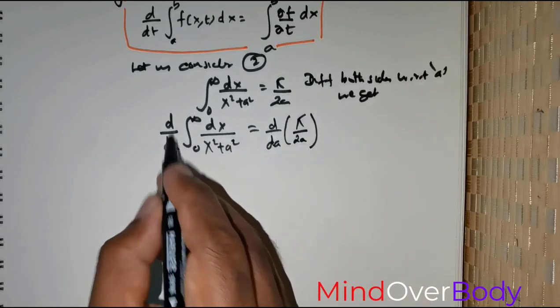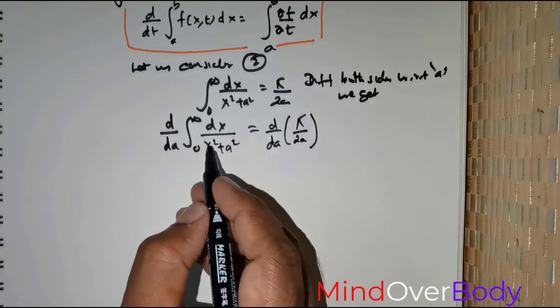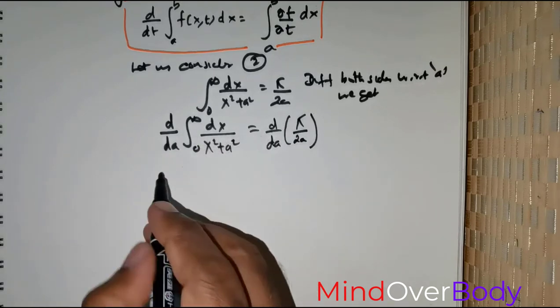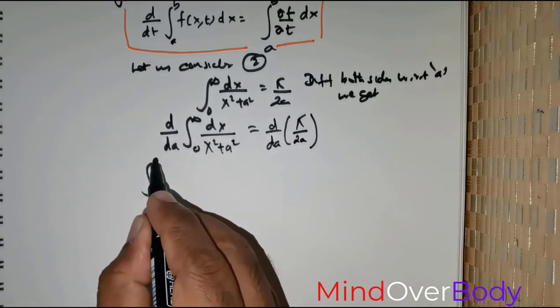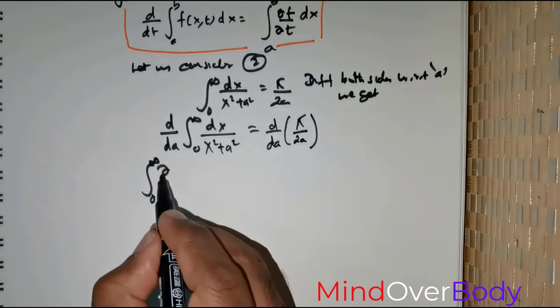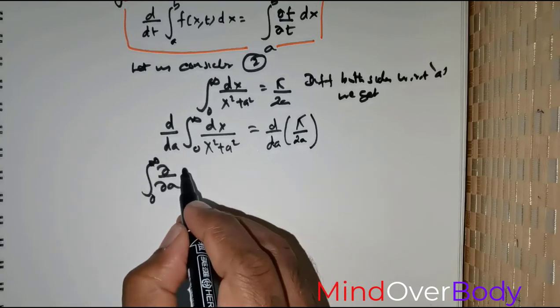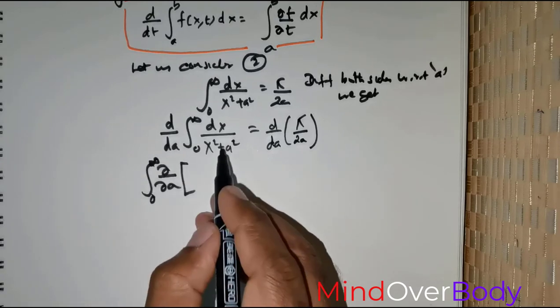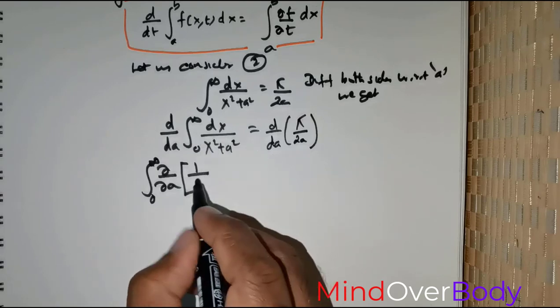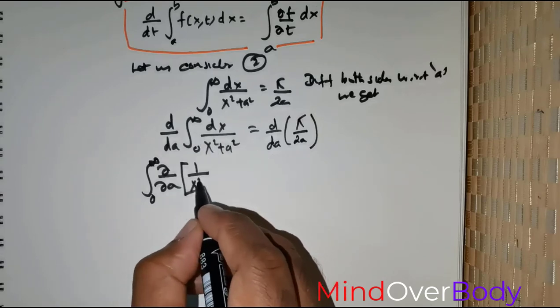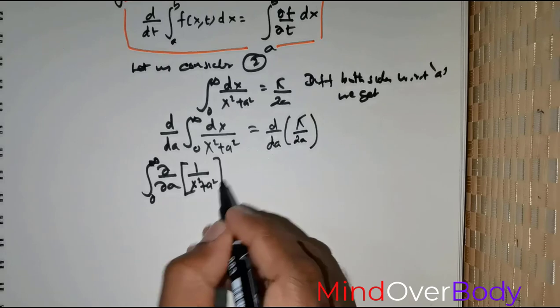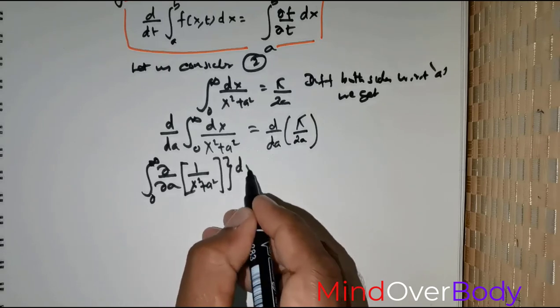Now I push d over dA inside the integral, so that would be integral 0 to infinity of dou over dou a of 1 over x squared plus a squared times dx.